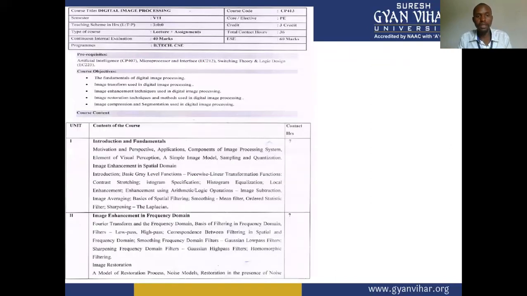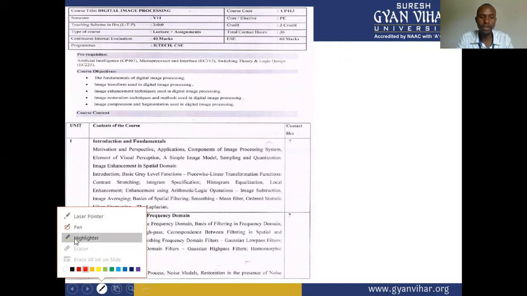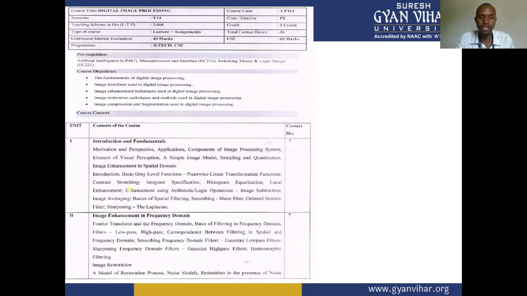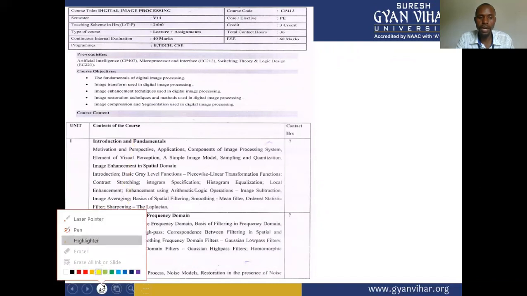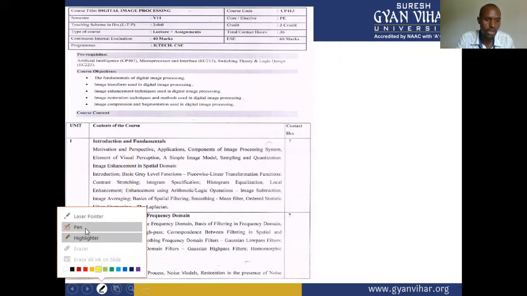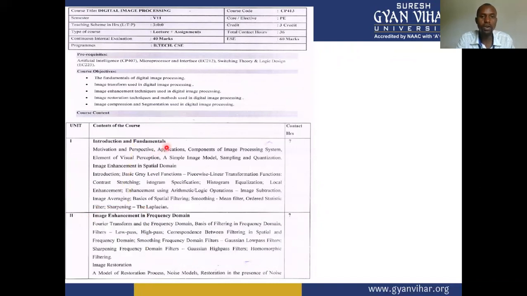So this is the syllabus that we'll be using for the course of study. We have 5 units, and each one of them has been given a different area of coverage. Now we'll be discussing the first unit, which is the introduction and fundamentals.